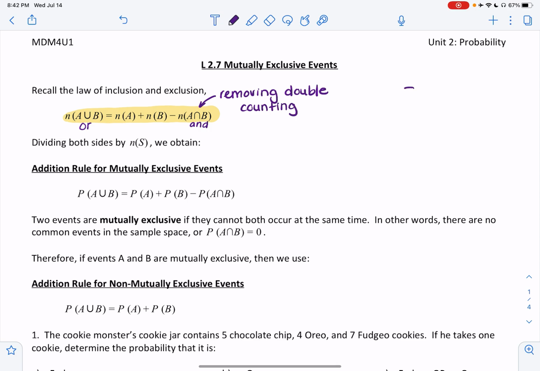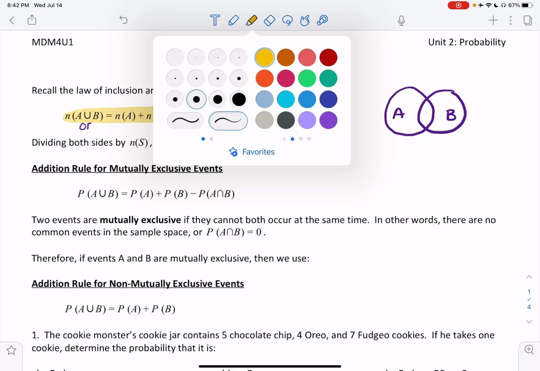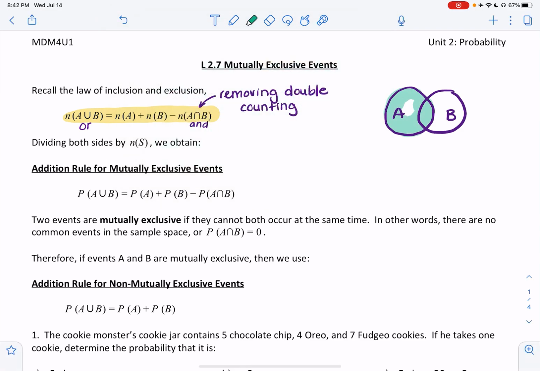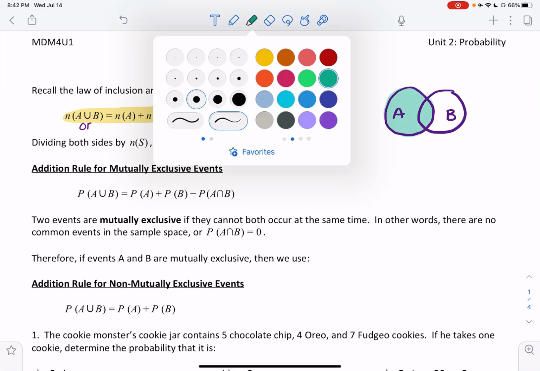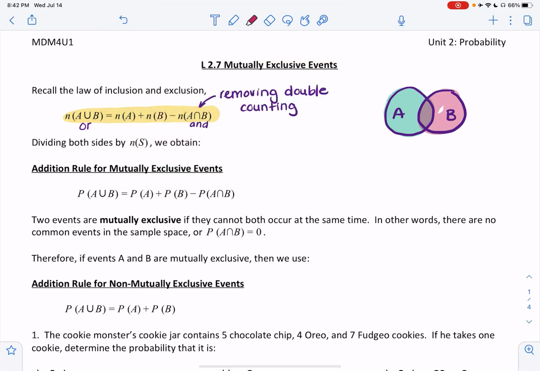So for example, when we have our Venn diagram that looks like this, when we're looking for A or B, we first have to add everything in A, then we add everything in B. But if you notice, I accidentally highlighted that middle bit 2 times.